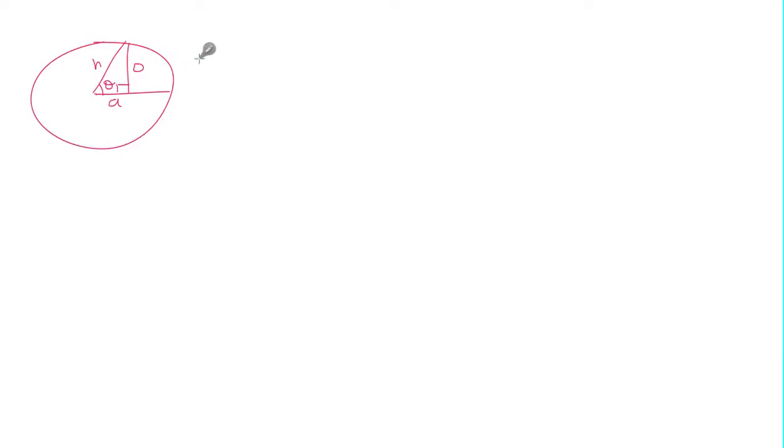So then you've got sin theta, and that equals opposite over hypotenuse, and then you've got cos theta, and that equals adjacent over hypotenuse, and then obviously you've got tan theta, which equals opposite over adjacent.